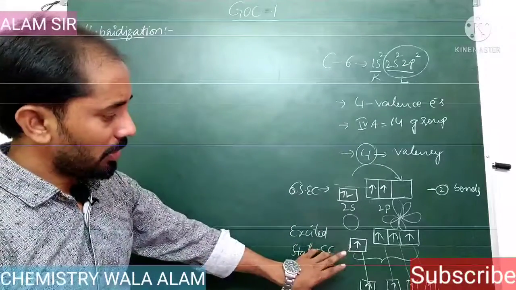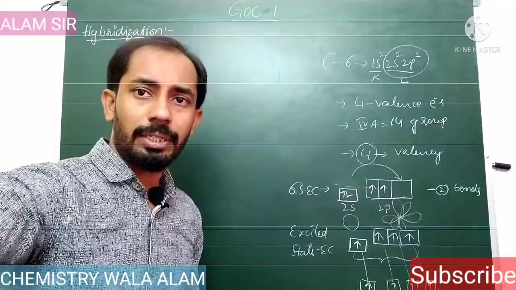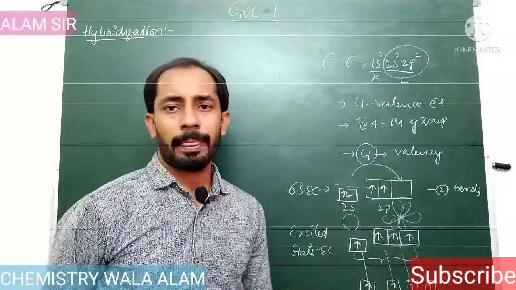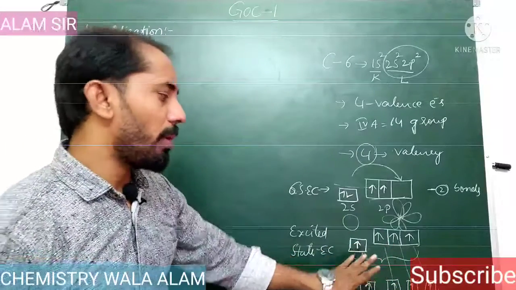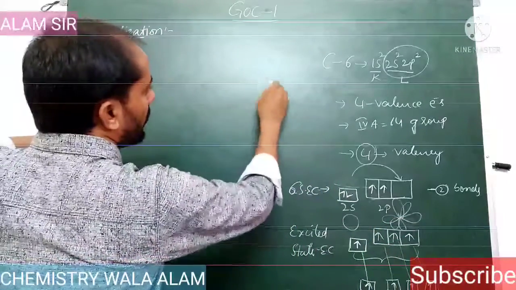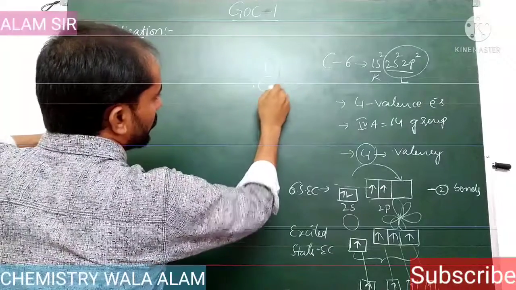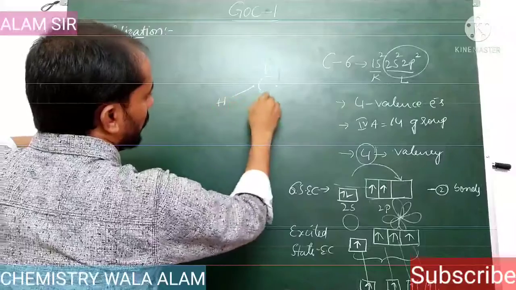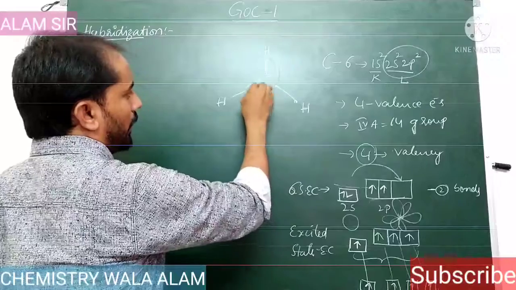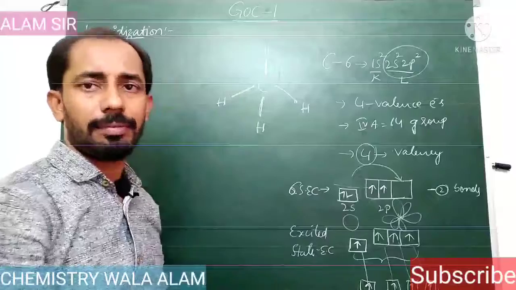So if you observe the change in energy, and next the change in shape and size, then it is expected to form 4 different bond lengths. That means when carbon forms 4 bonds, 3 bonds should be of the same length, and the 4th bond should differ somewhat in length or energy.